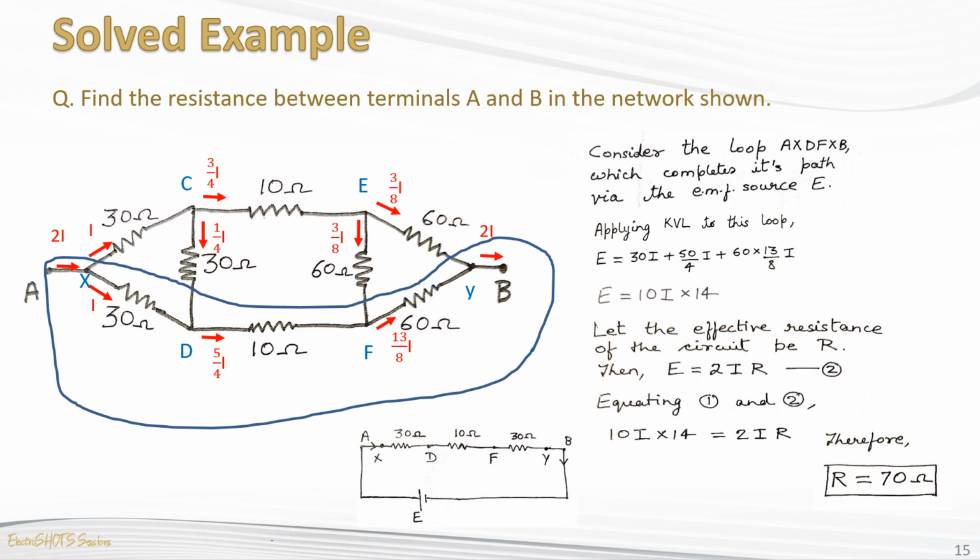When I equate the two equations which I have found independently, I can find the only unknown here, which is the value of the effective resistance R. You can compare your answers. If you have any doubts regarding the current division rule applied to this circuit, you can write to me in the comment section, and I can elaborate on how the current has been divided, although it is pretty simple to see and apply the current divider rule.